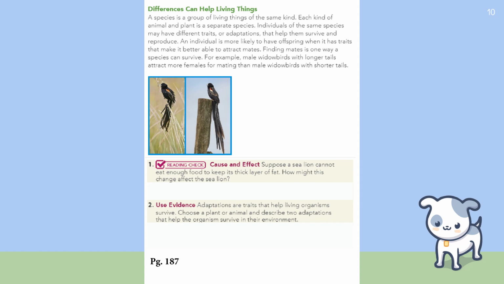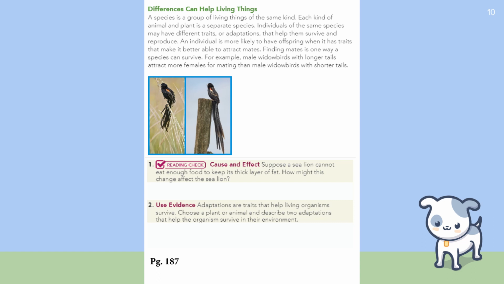Number 2, use evidence. Adaptations are traits that help living organisms survive. Choose a plant or animal and describe 2 adaptations that help the organism survive in their environment. Well, when I think about this, I think about a polar bear that we saw on the last page.